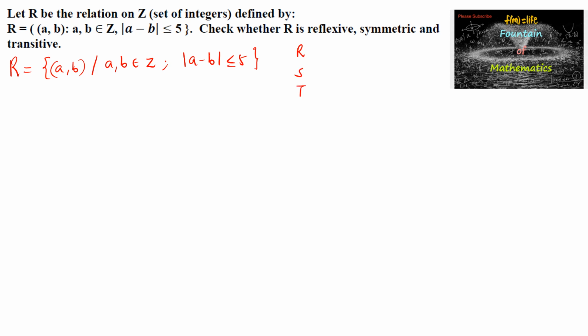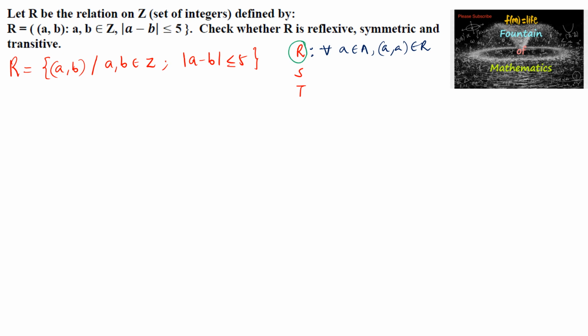We know that a relation is said to be reflexive if for every A belongs to the set, A comma A must belong to the relation R. For every element in the set, if A comma A belongs to the relation, then we can say the relation is reflexive.